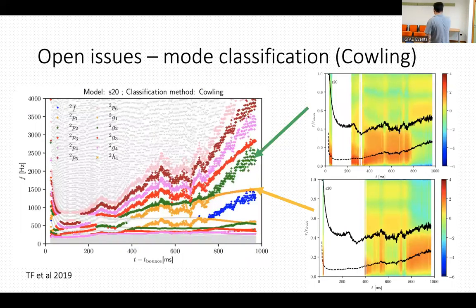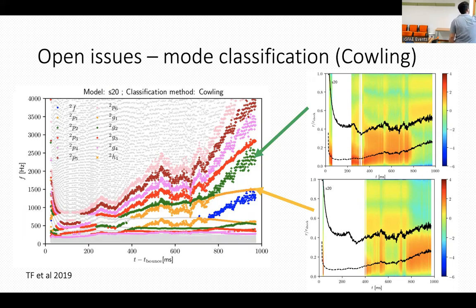but it has some problems when you want to trace the modes in a more precise way. To prove that this method is essentially wrong, we do this kind of analysis. We can take the energy of each mode, a combination of the eigenfunctions we have, and trace backward in time like a spectrogram with these colors here. So starting, for example, with the green one, we have this kind of spectrum.